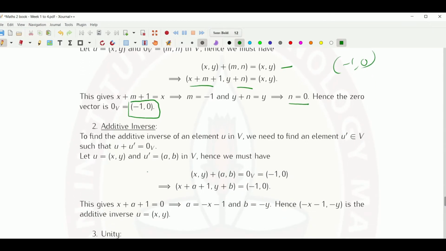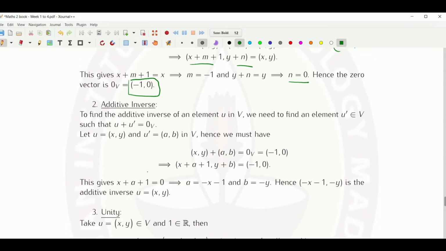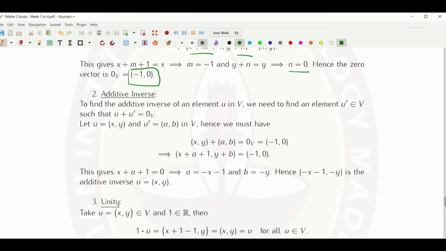Let's check the additive inverse. To find the additive inverse of an element u in V, we need to find an element u prime such that u plus u prime is equal to zero vector. So let u is equal to (x, y) and u prime is equal to (a, b) in V. Hence we must have (x, y) plus (a, b) is equal to the zero vector, and we have calculated it is (minus 1, 0). So (x plus a plus 1, y plus b) is equal to (minus 1, 0).